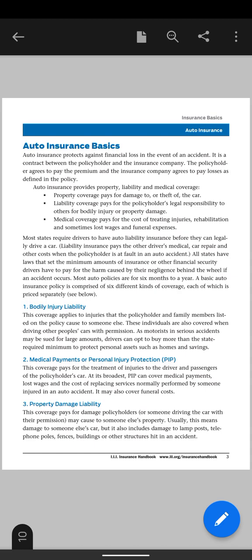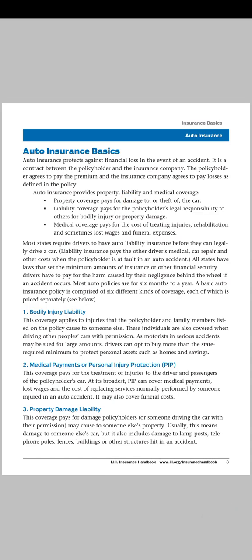These individuals are also covered when driving other people's cars with permission, as motorists in serious accidents may be sued for large amounts. Drivers can opt to buy more than the state's required minimum to protect personal assets such as home and savings.